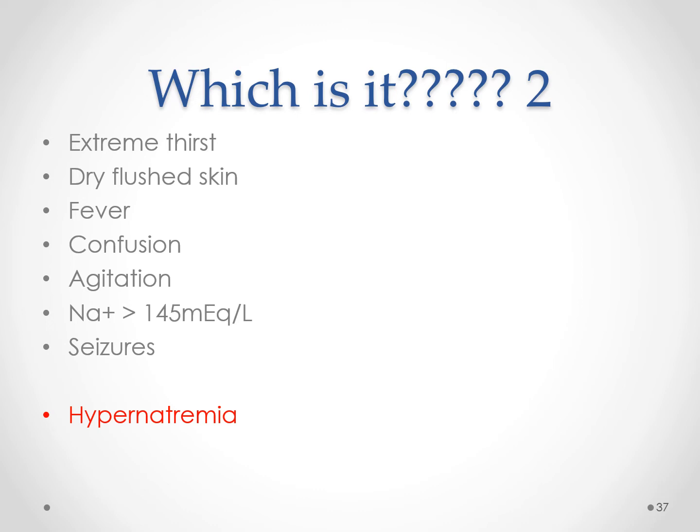It excites nerve and muscle function. Our brain is full of nerves, so confusion could definitely happen because everything's not firing properly. Agitation. If I was extremely thirsty, dry, feverish, and confused, I might be agitated.